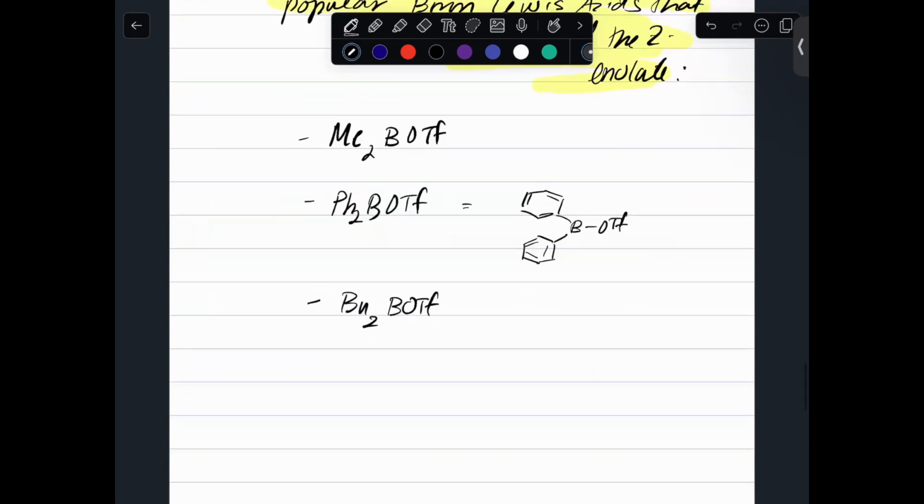One of the more surprising ones that students use, and that we use in our lab a lot, is 9-BBN. This is what 9-BBN looks like.